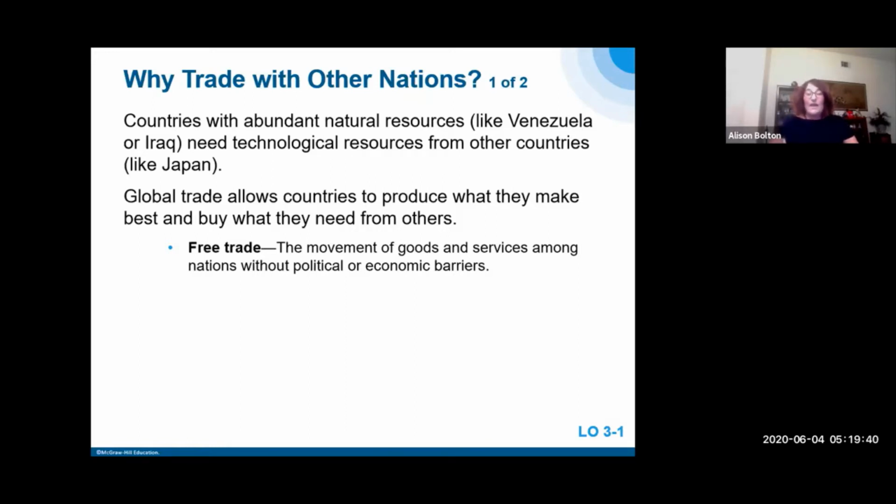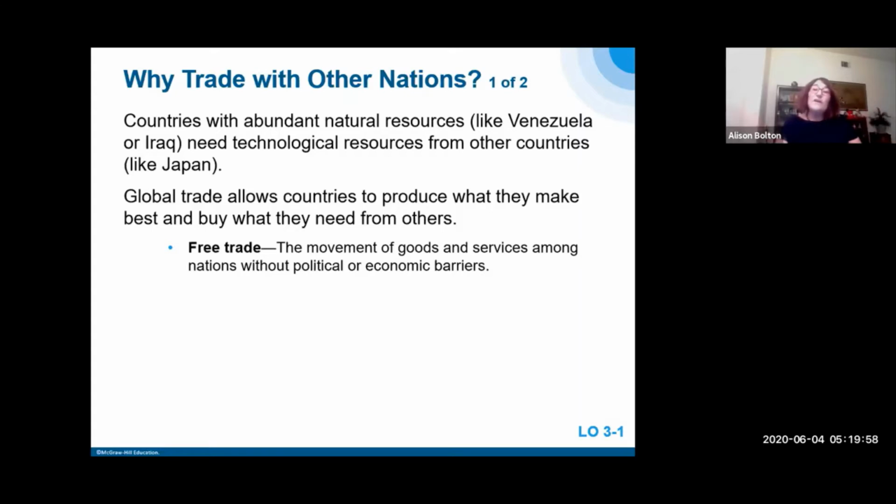Even though we may have licensing or patents, they're made in Japan. Global trade helps countries produce what they make best, and that's why we ask for help from other countries to make things.